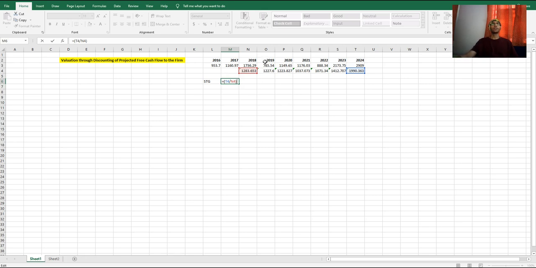The time difference is 1, 2, 3, 4, 5, 6, so 1 by 6. This entire expression minus 1. The growth rate of free cash flow is 7.6%, let's say. Short-term growth rate is 7.6%, right?